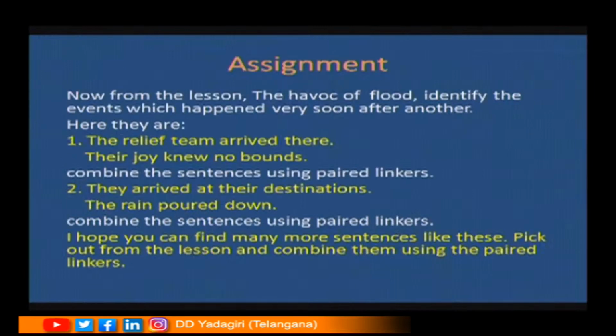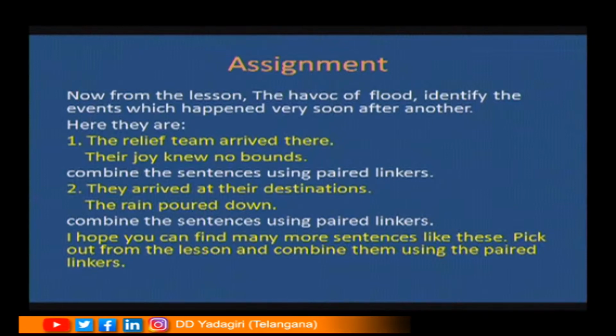Now from the lesson, the havoc of flood. Identify the events which happened very soon after another. Here are the examples. 1. The relief team arrived there. Their joy knew no bounds. Combine the sentences using paired linkers. 2.